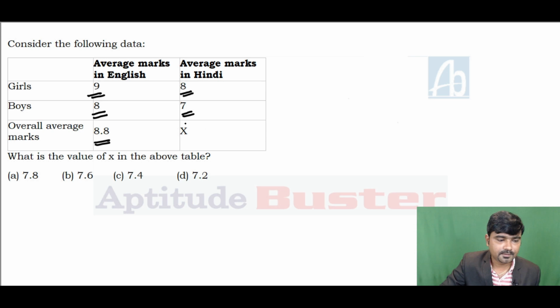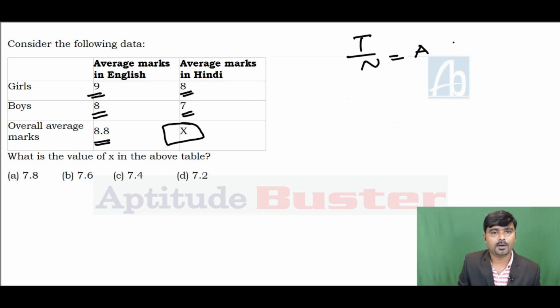Overall average marks we need to find out in Hindi, right? While solving this question, which is important, we have to know at least the number of boys and number of girls, or the ratio of boys and girls. That's very important. Total divided by number of values only gives you the average.